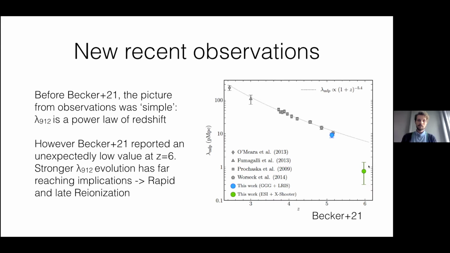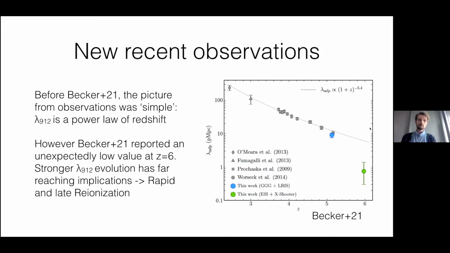This new point from the George Becker paper at the redshift of 6 is the highest redshift determination of the mean free path we've ever had. You can see it's in clear conflict with this rather ambitious extrapolation here, which makes sense because reionization is still ongoing at this time, or at least ending.